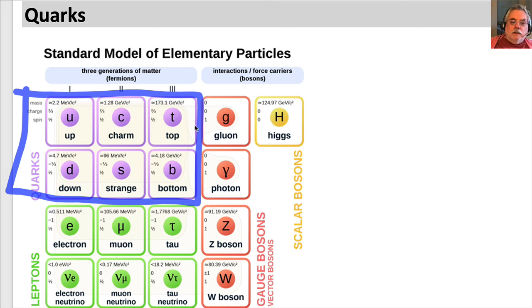The 4 top, bottom, charm, and strange quarks are unstable, and they decay in less than a microsecond via the weak interaction, ultimately to an up or a down quark, per the following diagram.